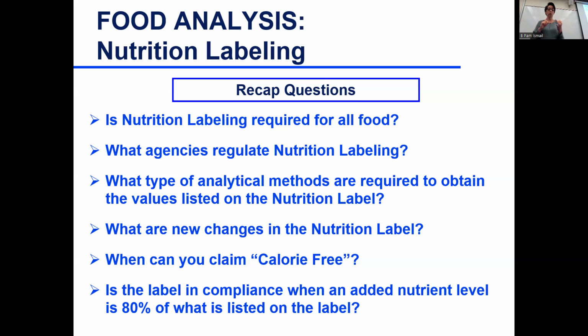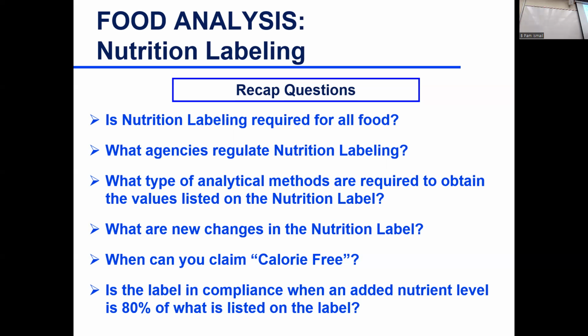They are also known as reference methods. They are also known as primary methods of analysis. So when I say what type of analytical method, you would want to think, am I looking for official methods? Am I looking for secondary methods of analysis? Or am I looking for official, primary, reference? They all mean the same.